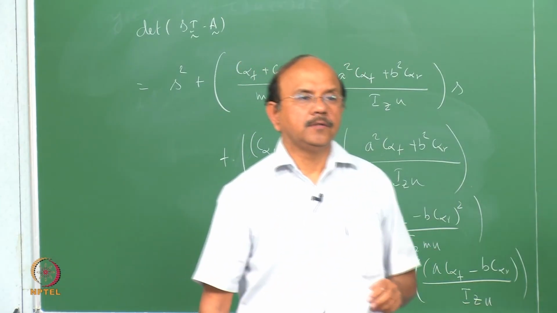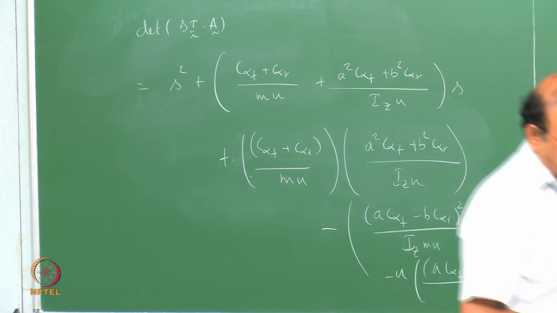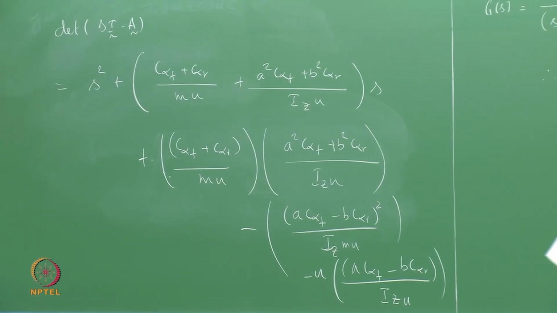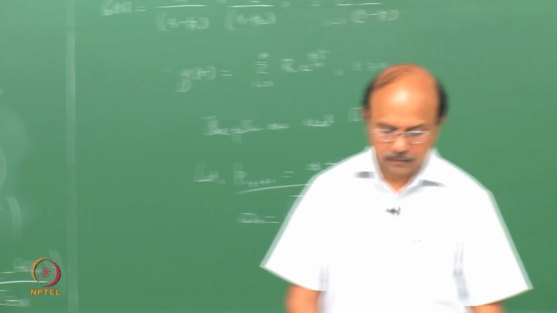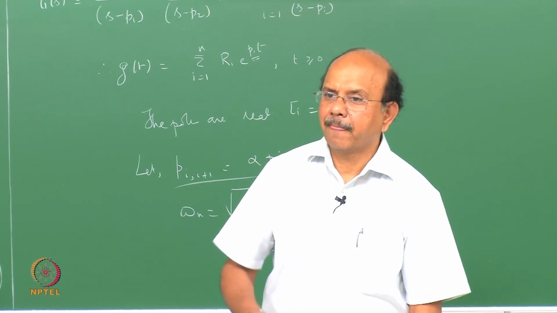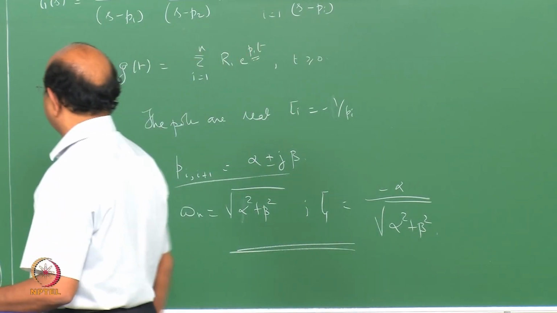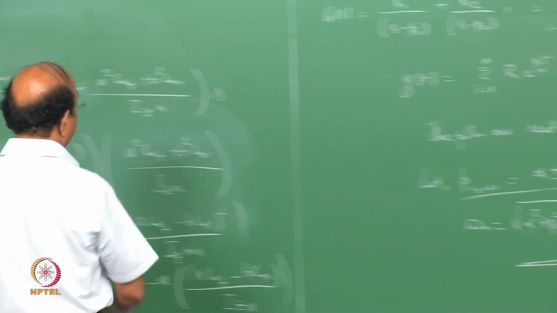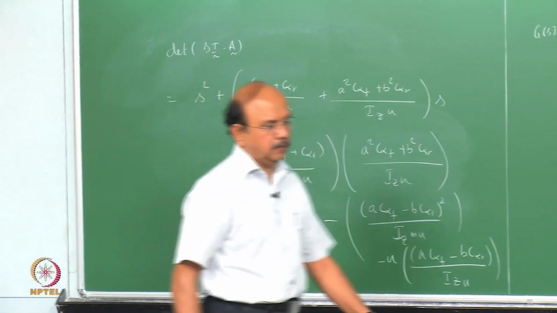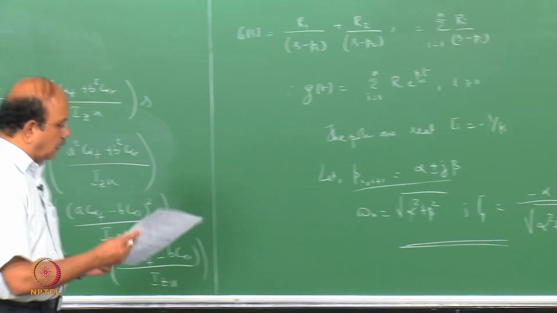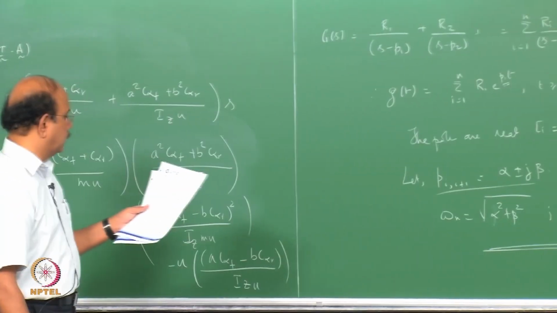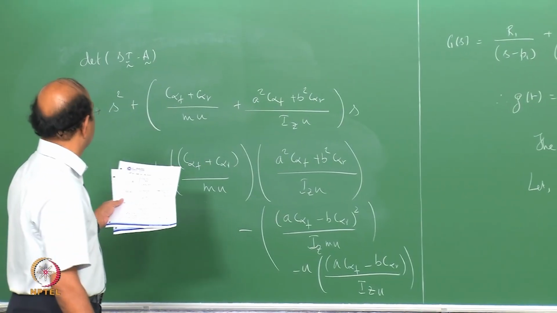Just check this. I think I'm correct on that. Not very difficult to check. So this will become s squared (C alpha f plus C alpha r), correct?